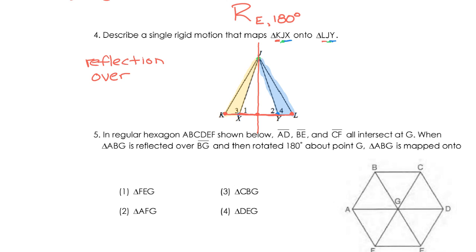So it's a reflection over the line that is the perpendicular bisector of XY. That one would be hard to notate, so I think we're going to leave that one in words. Okay? All right, that was a little bit tricky.